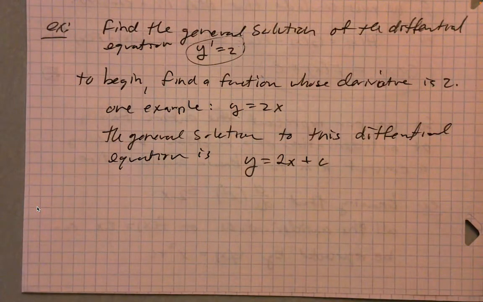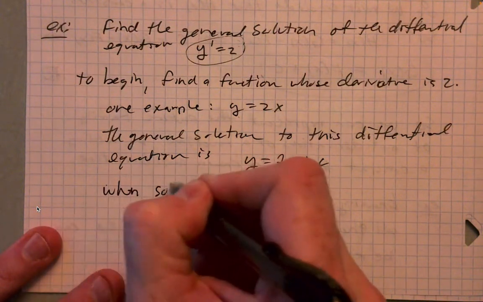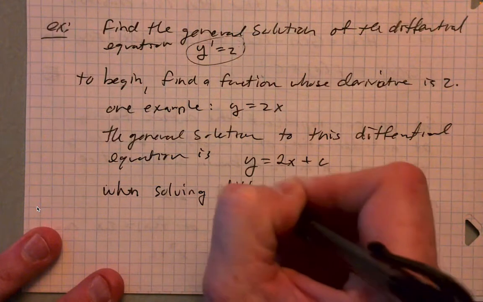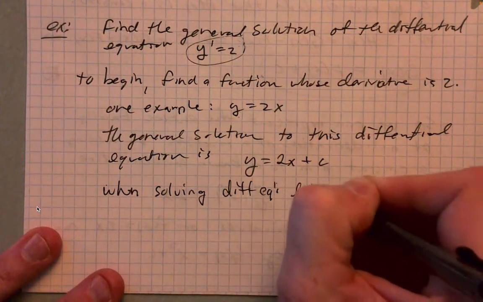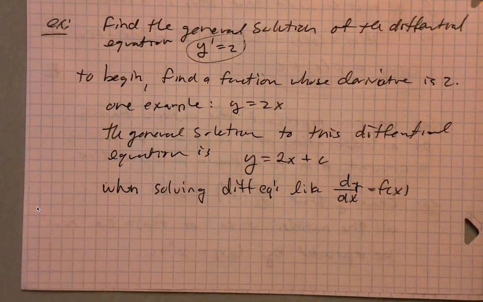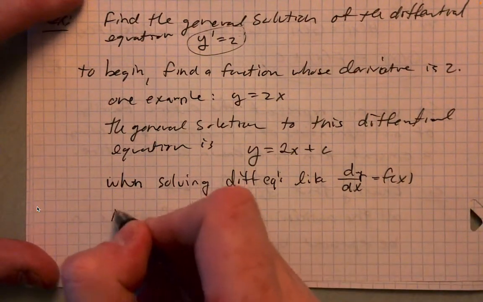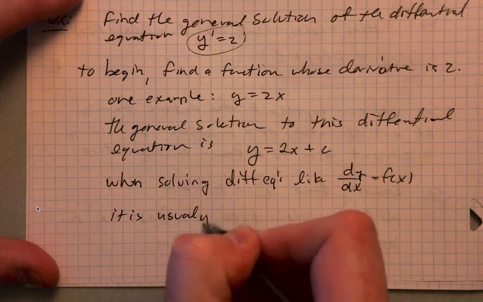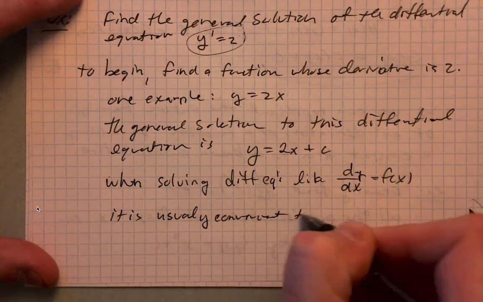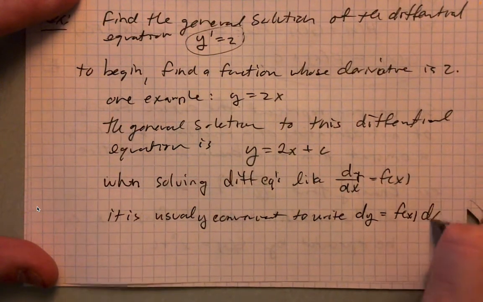All right. So when solving differential equations such as this one, but in general, when solving equations like dy dx equals f of x, it's usually convenient to write dy equals f of x dx.